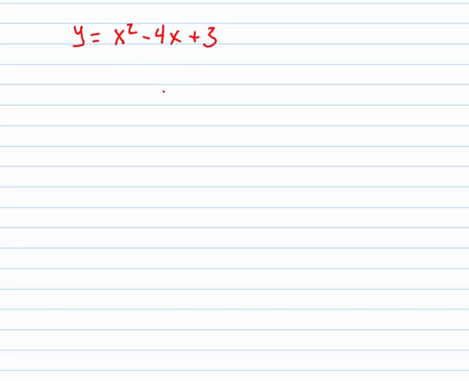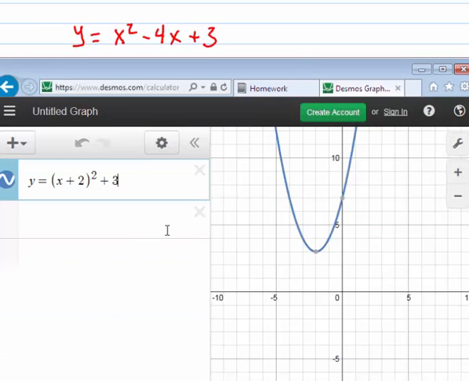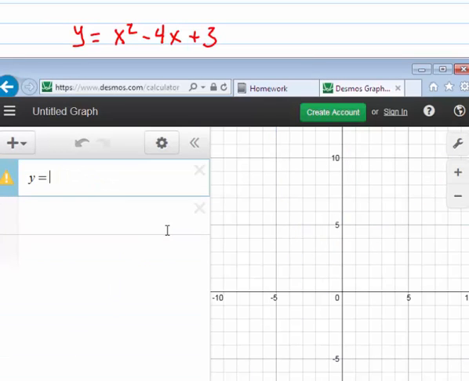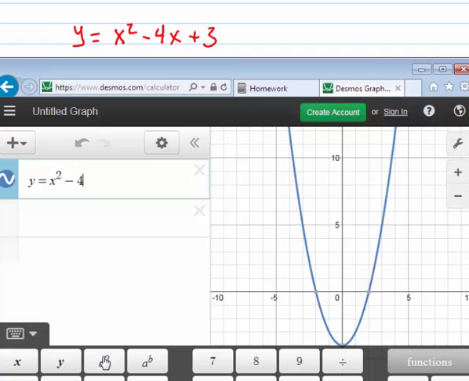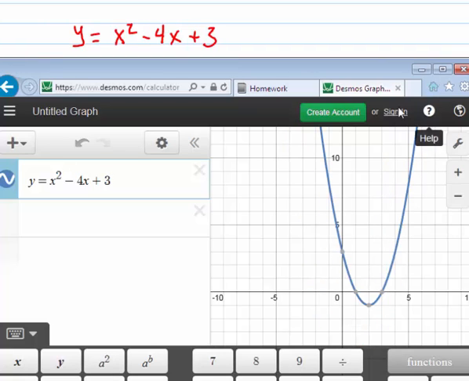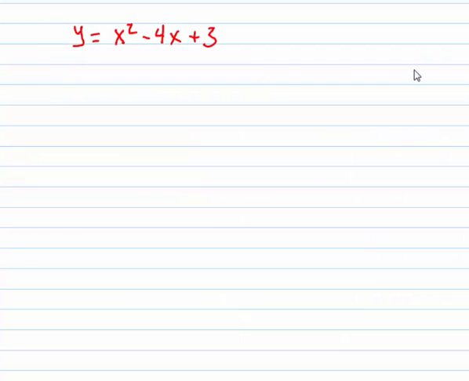Now, if we put it into our Desmos thing, right, it can graph it real nice. We get a nice graph there, right? But if we didn't have that, how do we graph it? On the homework or on the test, how do we do this?